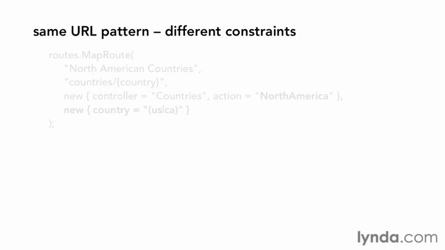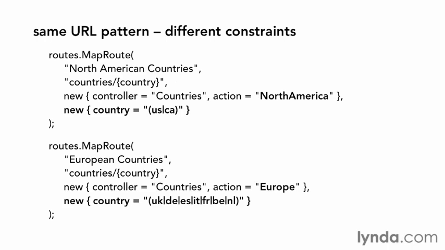Using regular expressions to define constraints gives you an immense amount of power over the placeholder values your routes will accept. If a constraint is not met by a route, the routing engine considers that route not to be a match and continues enumerating through the routing table, looking for the next matching route. Knowing this, you can actually use constraints to help you resolve scenarios where you have identical route URLs that you want to resolve to different controllers or actions.